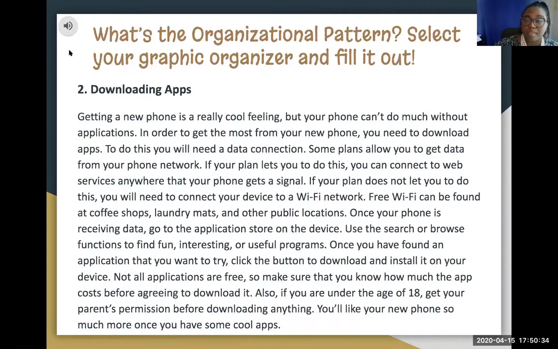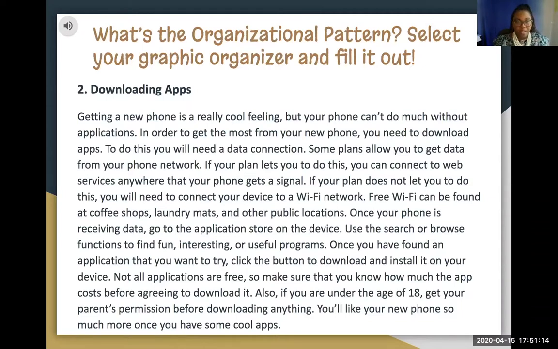Number 2 is about downloading apps. Right, don't forget to pause if you need some more time, okay?